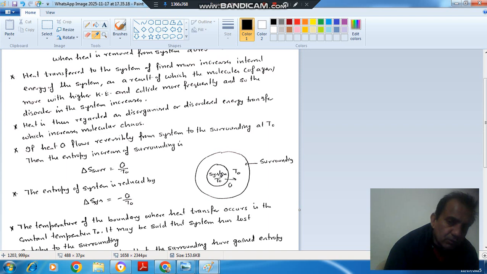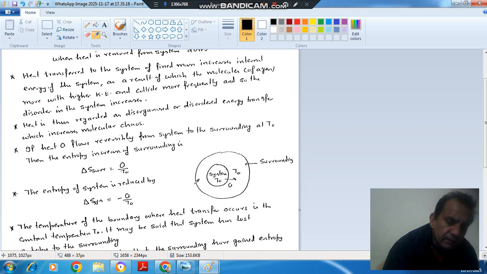System entropy will decrease because heat is removed from the system, and the system is also at T0, so the entropy decrease of the system is minus Q by T0, and the entropy increase of the surrounding is Q by T0. As both are the same, the entropy of the universe is zero.